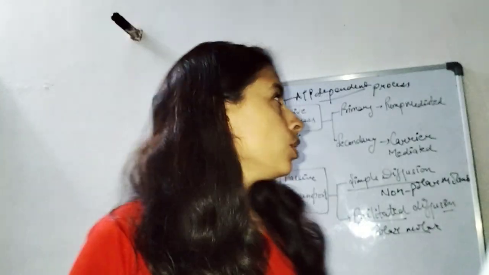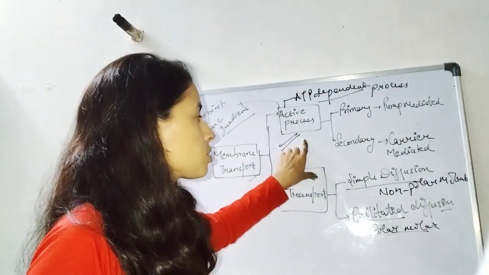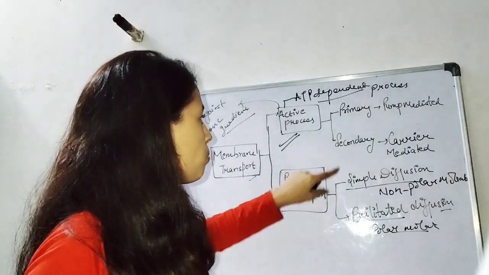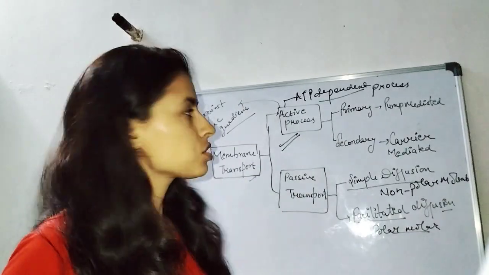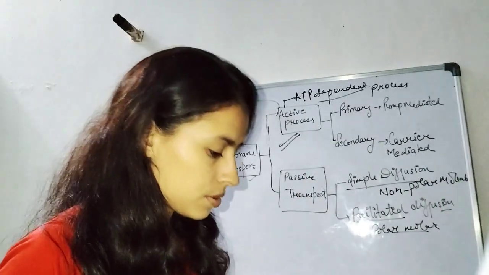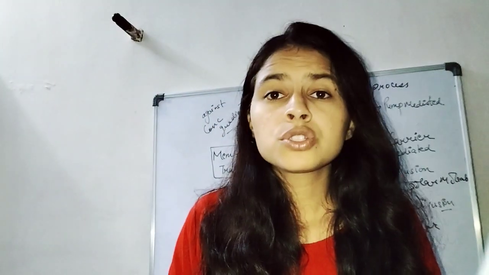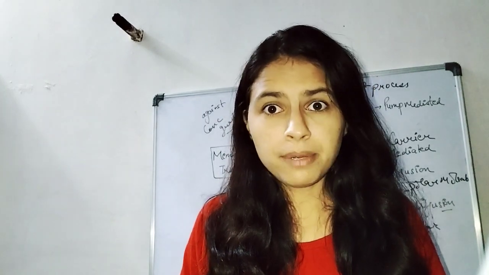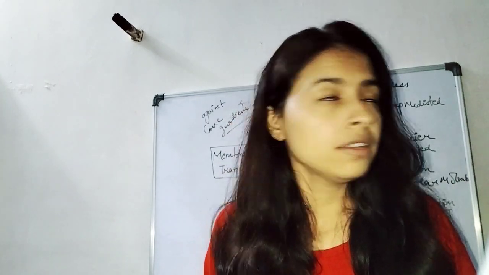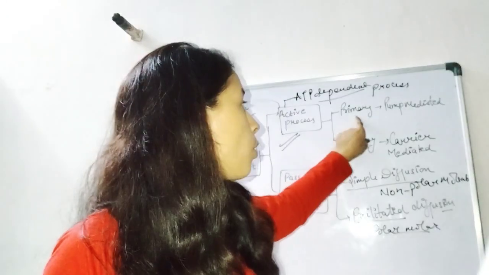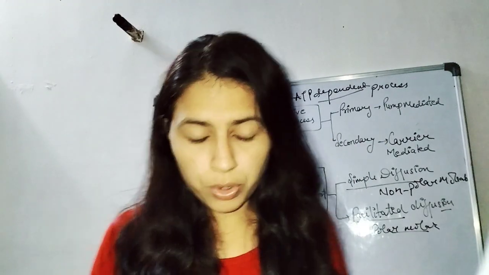Okay, so next, the active process is divided into two parts: primary active process and secondary active process. So the active processes are of two types. First of all, I am explaining about primary active process.